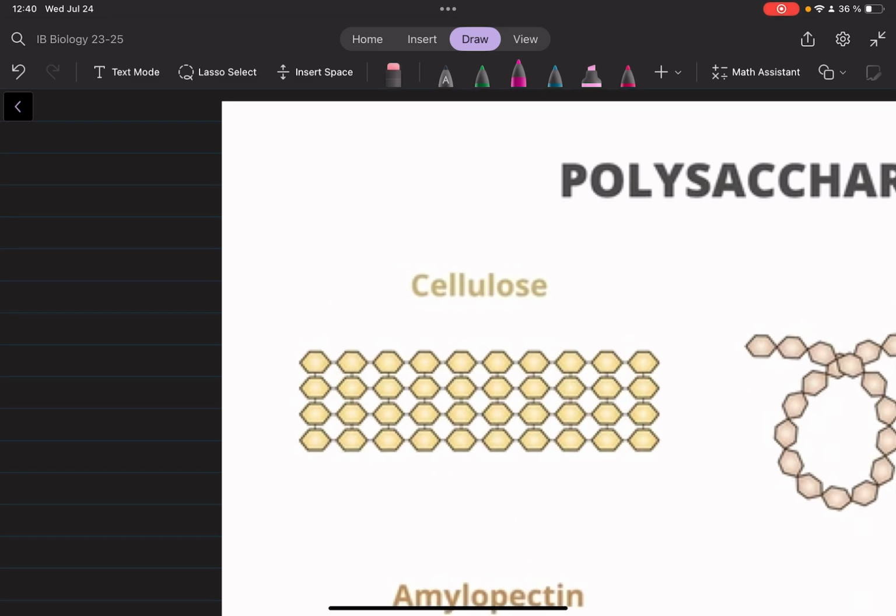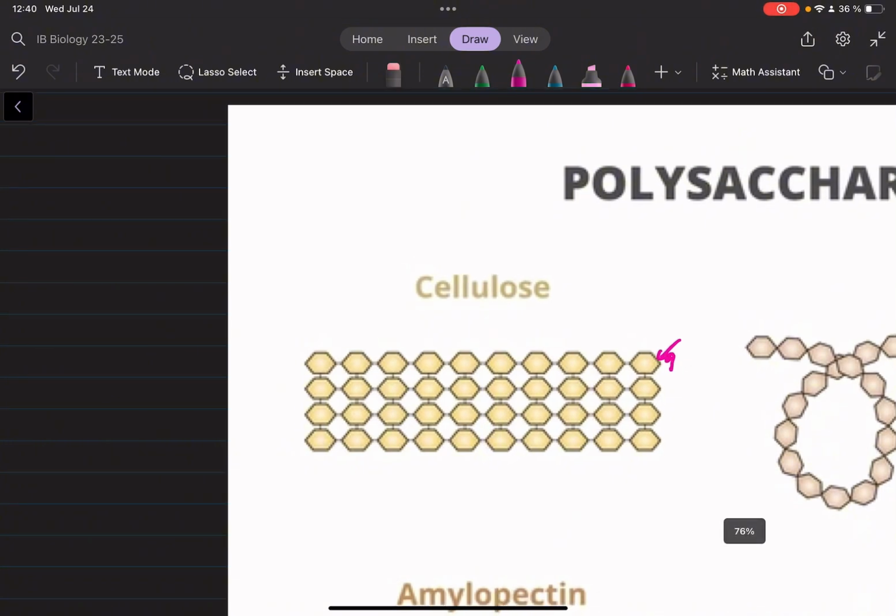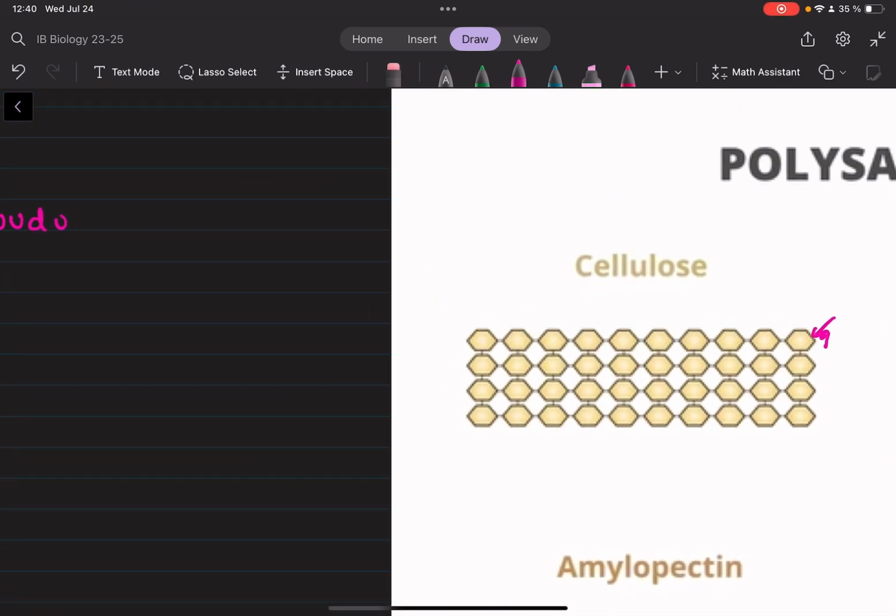Cellulose is found in plants, and it's a structural polysaccharide. It's indigestible, it has a lot of hydrogen bonds, and each individual monosaccharide of glucose can rotate 180 degrees, not horizontally, but vertically.